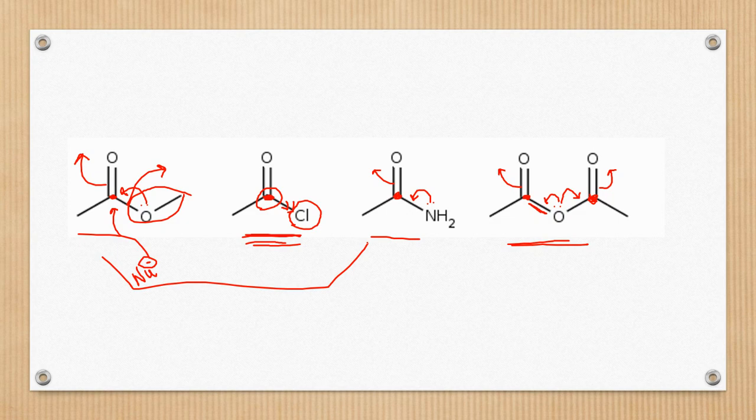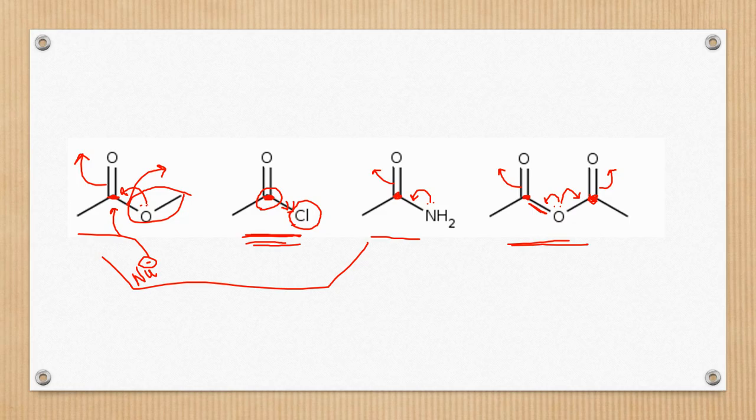Between this amide and ester. Okay, so I am asking about higher nucleophilic substitution ability. So the electrophilic character is higher in the case of amide or ester at this carbon. You have to figure it out.